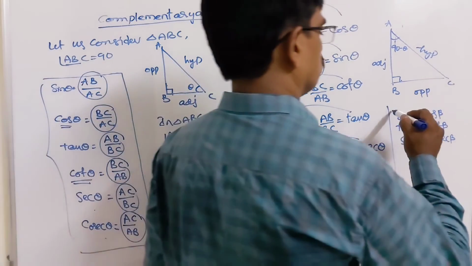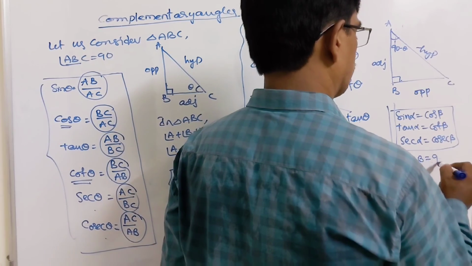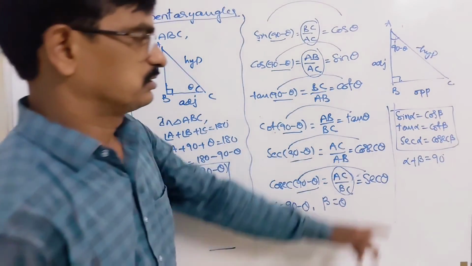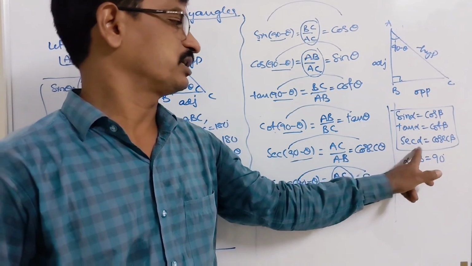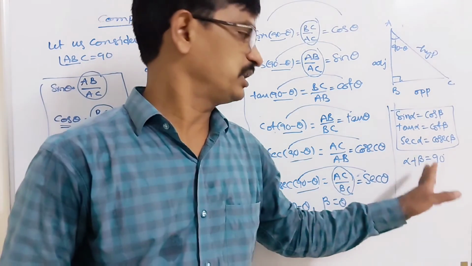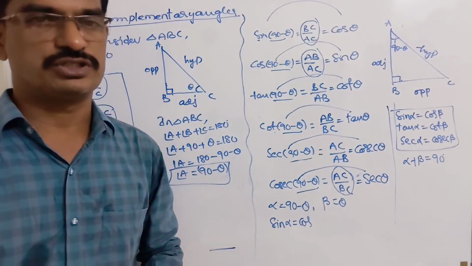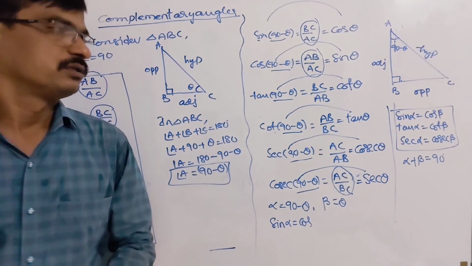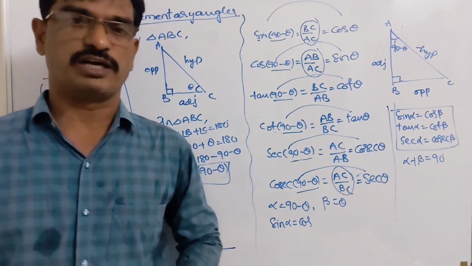So this is possible if alpha plus beta is equal to 90 degrees: sin alpha is equal to cos beta, tan alpha is equal to cot beta, secant alpha is equal to cosecant beta. So it is possible when alpha and beta are complementary to each other. Okay, in the next class I will explain more.